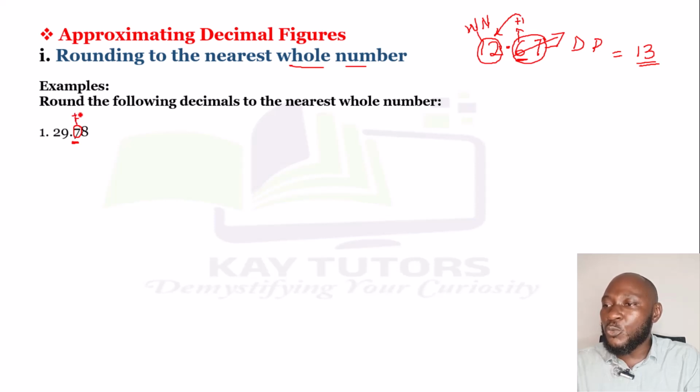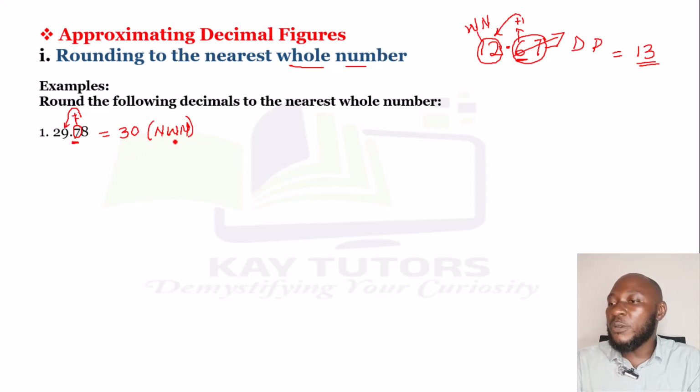So you round up to 1 and add 1 to the number before the decimal point. So 29 plus 1, what will my answer be? 30. So it's very important that you give your reason, which is: to the nearest whole number.